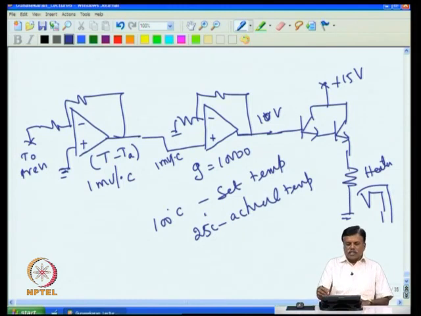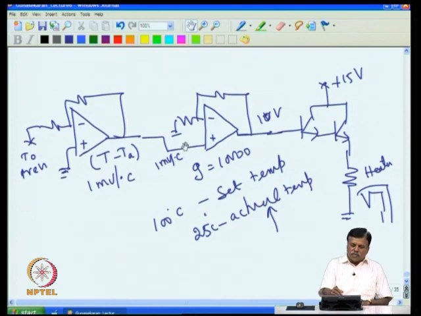And then once the heater heats up, the actual temperature will keep rising, and once the actual temperature goes up, the voltage at this point will keep decreasing, because originally the temperature difference was 75, so you got 75 millivolt.